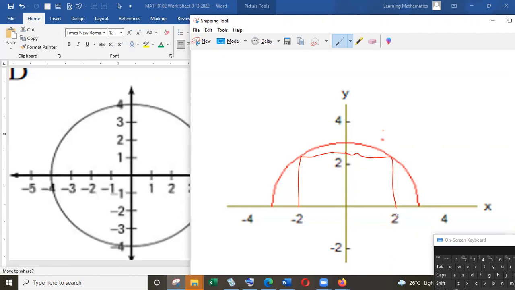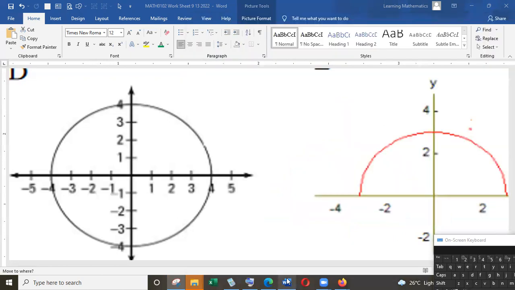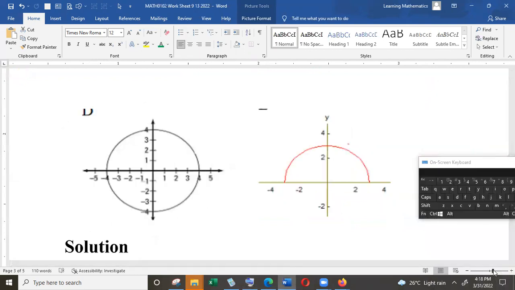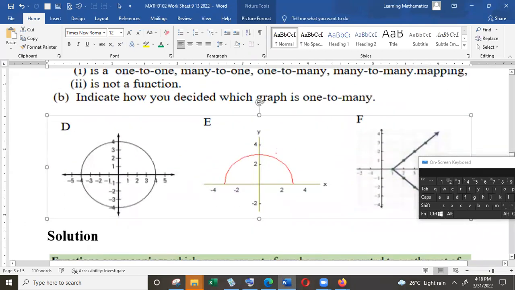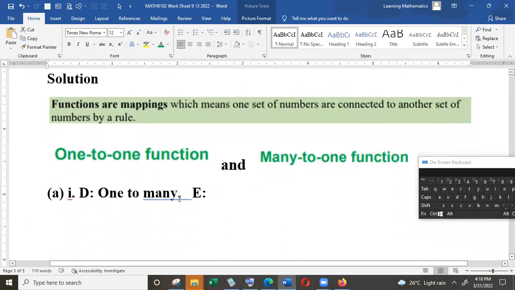So when you have a one-to-many and a many-to-1 happening at the same time, you have a many-to-many. So we have to make the correction here. D is a many-to-many. That circle is a many-to-many.